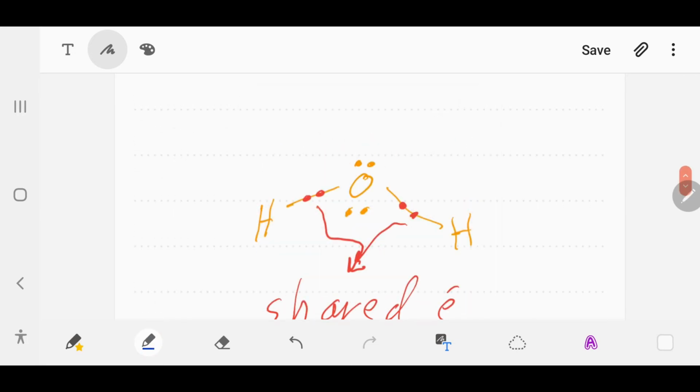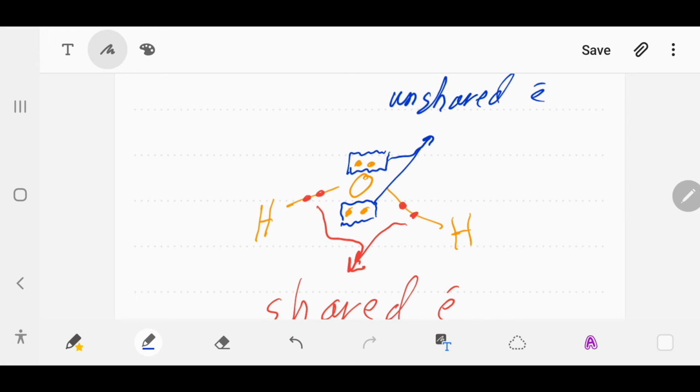While what about these 2 electrons? They are just located without doing anything around oxygen. They are inside oxygen orbitals only. So, because they are not forming any type of bonds, we call them unshared electrons.